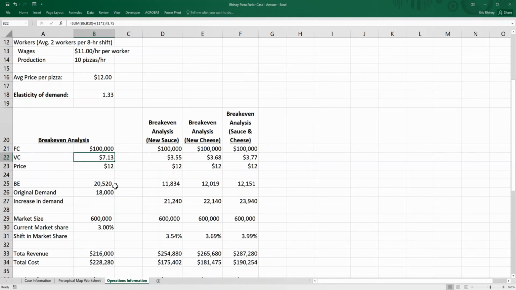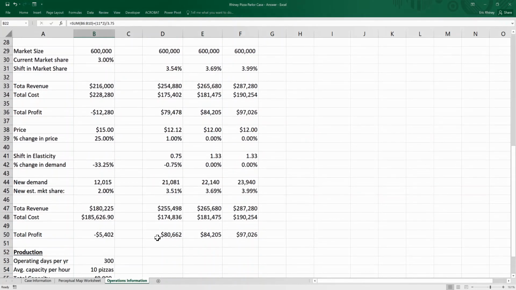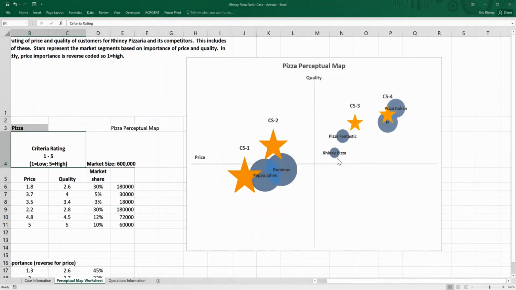All right. So that's information in terms of how to set up your analyses. And then based off of this information, we can do different scenarios and make a determination of what would be best, highest profitability. So how do we maximize our profit? We need to keep in mind some other things, such as how closely are we getting to other competitors, and what might that do in terms of our ability to gain market share.